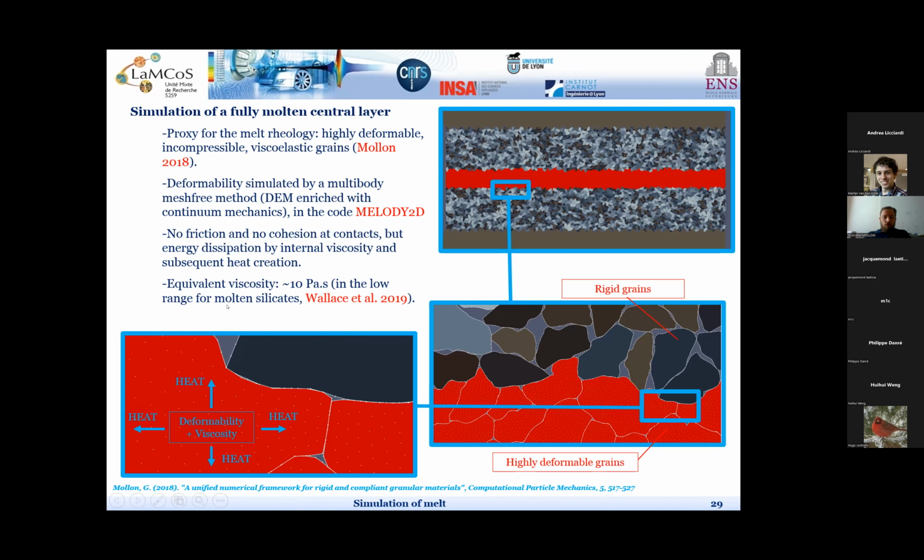So this is in the low range of molten silicate equivalent viscosity. In this case, we also record all the dissipated mechanical energy and transform it into heat. The only difference is that this mechanical energy is dissipated through the viscosity of the grains and not through their frictional contacts, as was the case in the solid grains.